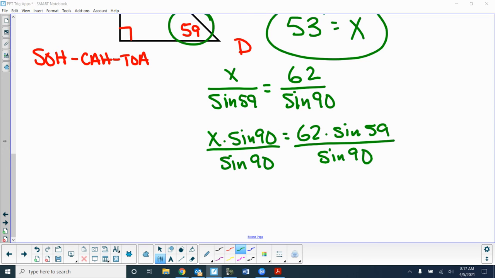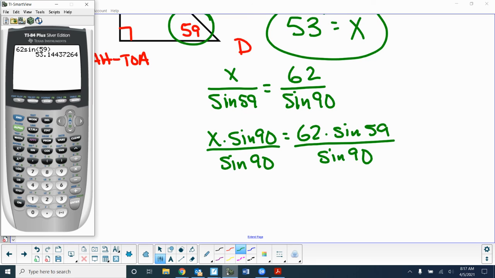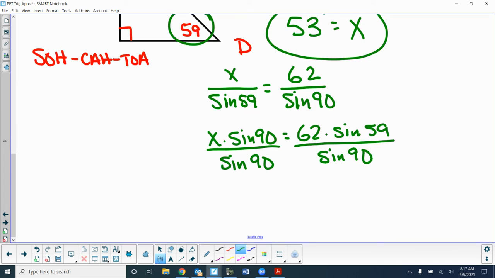So let's just see if that gives us the same answer. So I already did 62 times the sine of 59, so that's already in there, divided by the sine of 90, which I think is just 1. Get the same thing, 53. Okay? So, even though it's a right triangle, if you're using law of sines, it should still work out. Law of cosines should work too, but normally, if it's a right triangle, you don't really need to worry about the law of cosine.